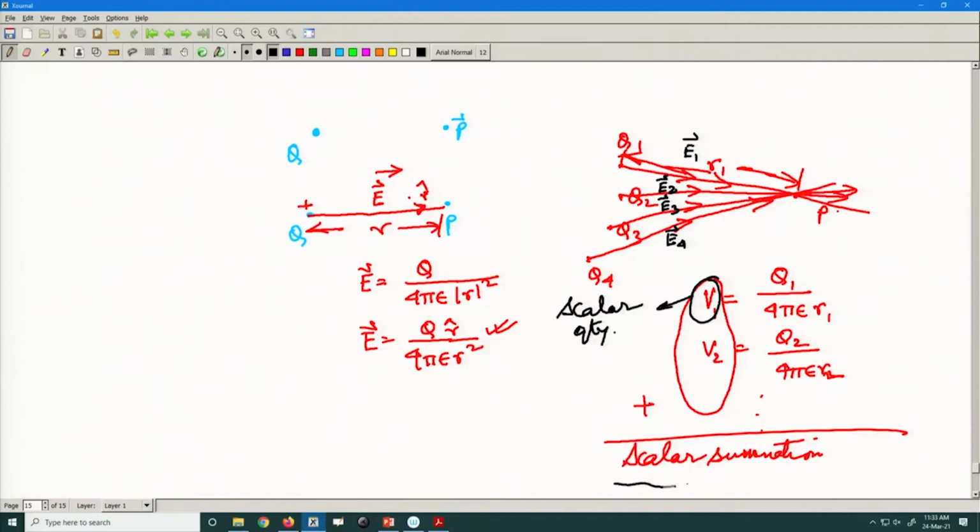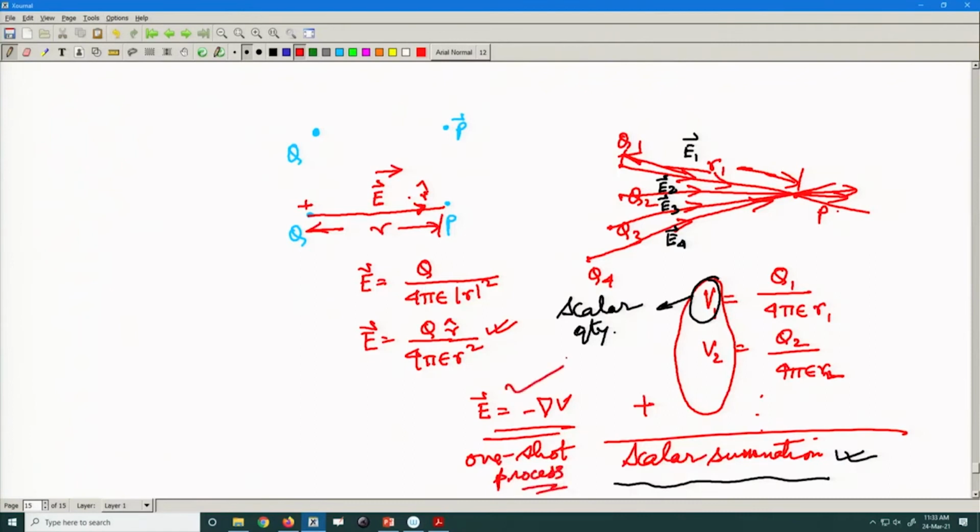So, performing this scalar summation is not a problem at all, given an arbitrarily large number of charges. After the scalar summation is performed, we find out E is equal to minus grad V in a one shot process. It is a very quick process. By one shot process we mean it is a direct quick process.